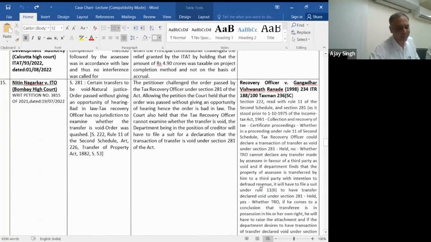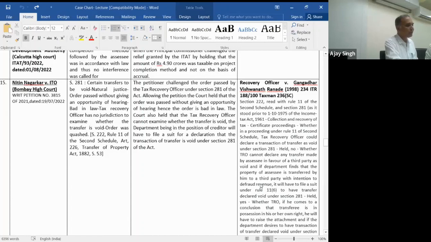Next decision is of the Calcutta High Court, PCIT versus Burdhaman Development Authority. Basically, this is a short decision in the context of the project completion method. Once again, the Calcutta High Court has recognized this principle and said that it is a recognized principle and a method of accounting which can be accepted. What I can gather from this order is that this involved a very old assessment year which had come up before the High Court.